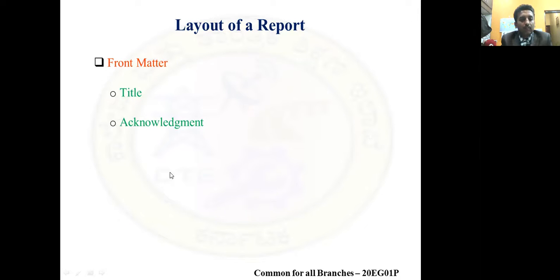The next one, an important one, is an abstract. An abstract is a blurb of the entire report. It must include the purpose, the process, and a snippet of the resolution.